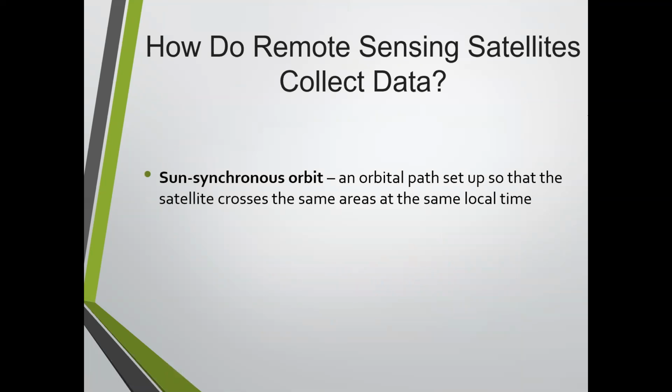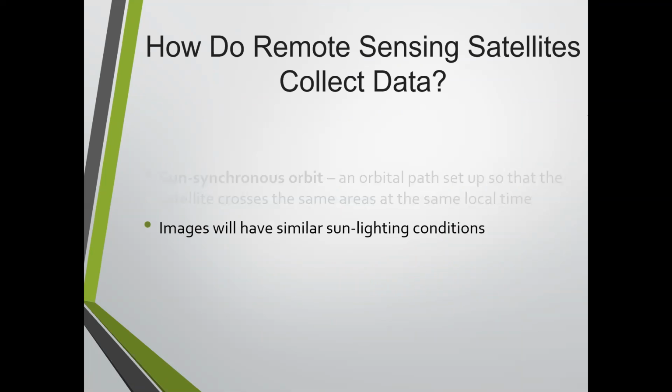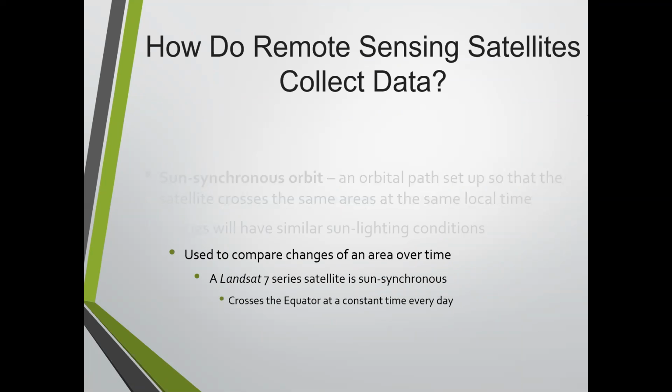Other types of orbits that we have are what we call sun synchronous orbit. In this case, your orbital path is set up so that your satellite crosses the same area at the same local time every day. For instance, it might cross the equator at the same time every day. What this does is your images will have similar sun lighting conditions. These are cool because they can be used to compare changes of areas over time.